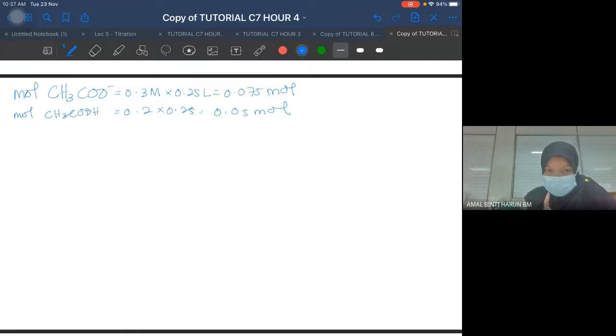Okay, sekarang sodium hydroxide added sebanyak 1 ml and the concentration is berapa tadi? 1 molar kan? Mole of OH added. Molarity dia 1.0 molar and volume dia 0.001. Betul tak? 1 ml. So berapa mol yang 1 ml tu? 1 exponent negative 3 mol.